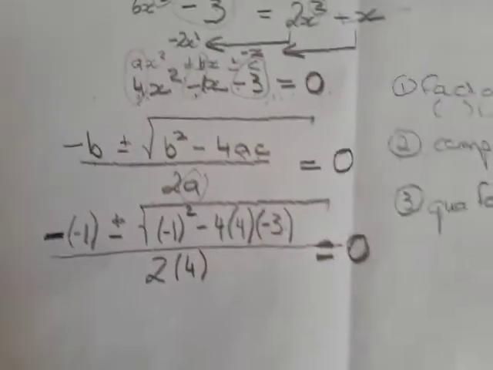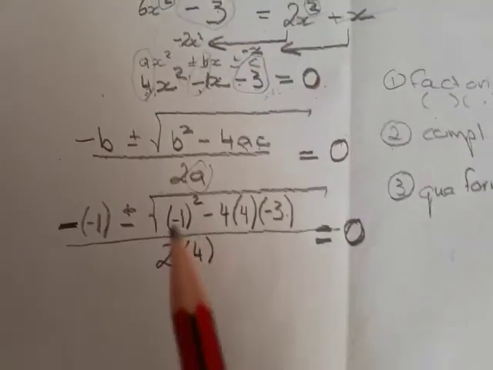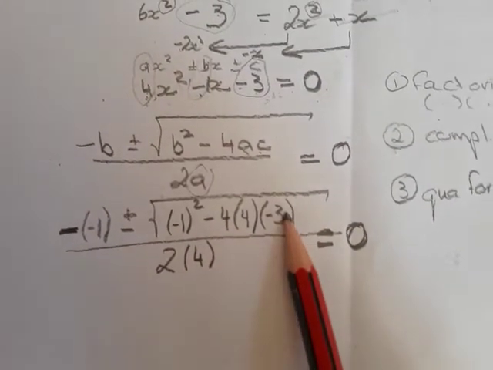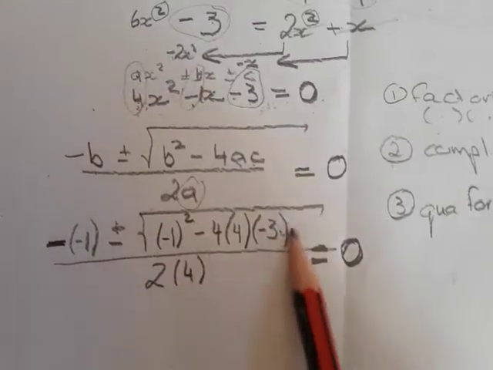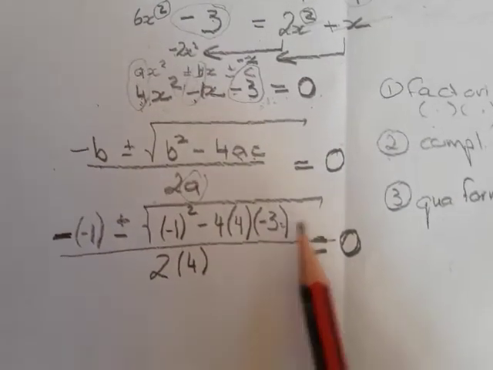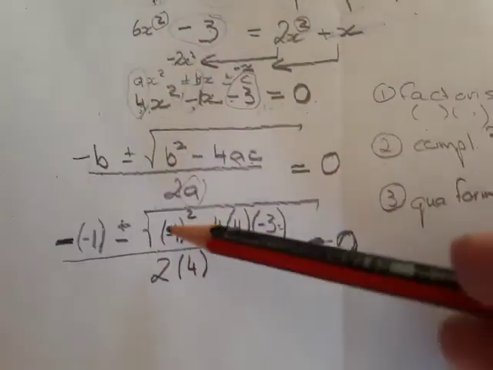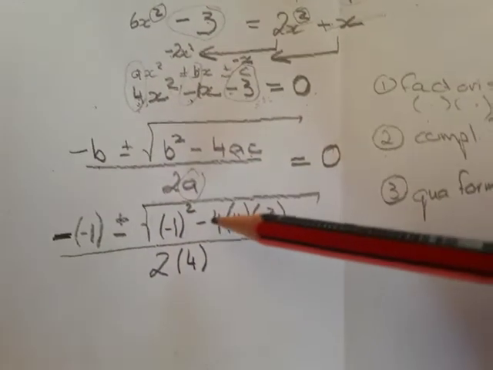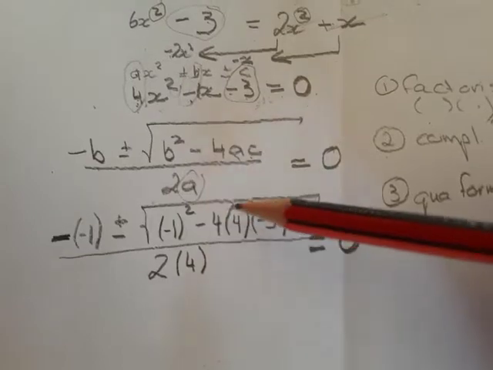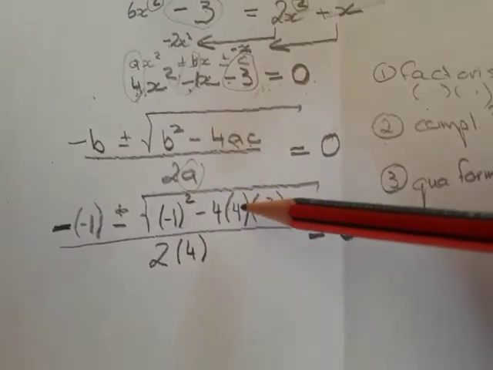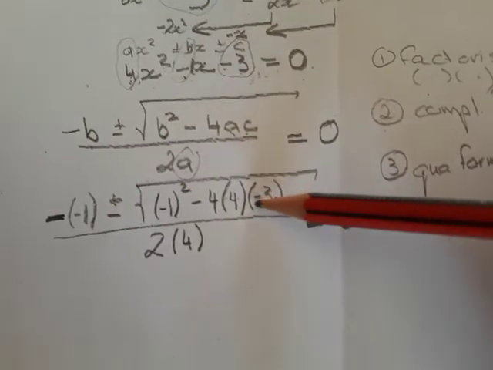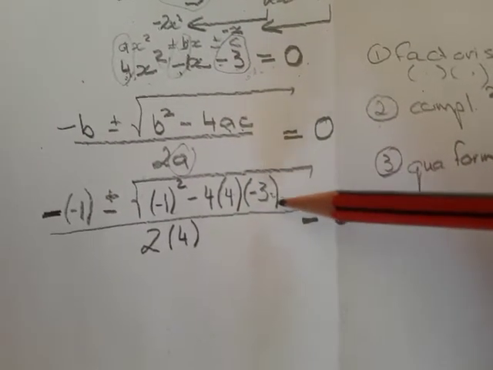Now I suggest that you put this into your calculator first. So first calculate everything under the square root. Here I want to emphasize, people, you must put these brackets there: the square, then the minus, then the 4, bracket open, 4, bracket closed, bracket open, negative 3, bracket closed.